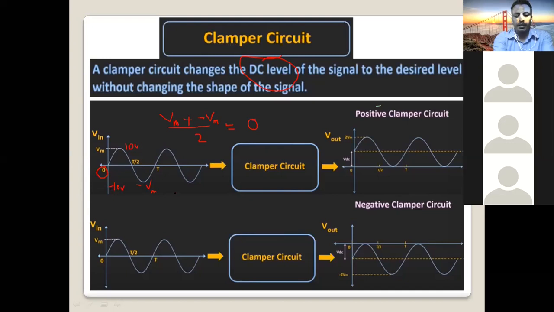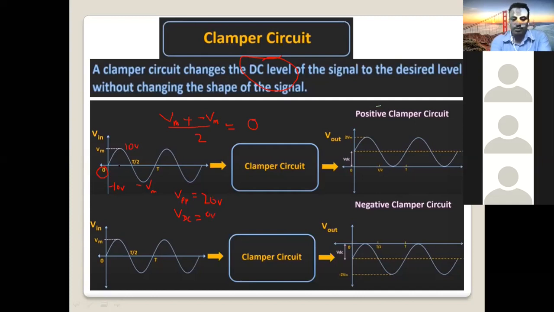What will be the peak to peak value? Peak to peak value of the input signal will be 20 volts. What is the average value or DC value on the input side? It is 0 volt.